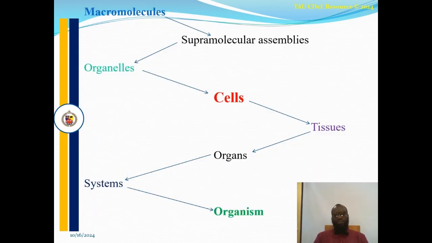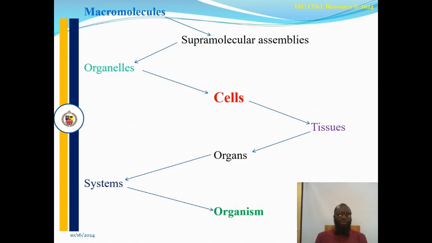Now, how are cells formed? Cells are formed from small compounds. In fact, it starts from the elements. You know the periodic table of elements. Some of those elements come together to form certain compounds that go on to form cells. How do they do that?